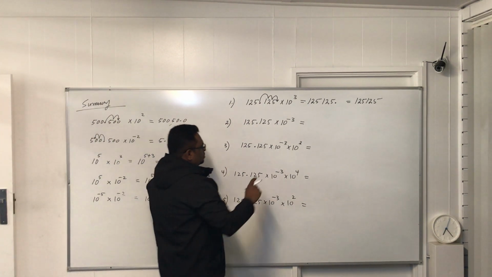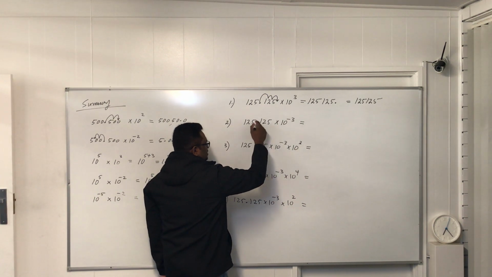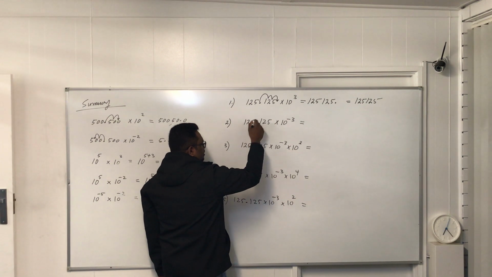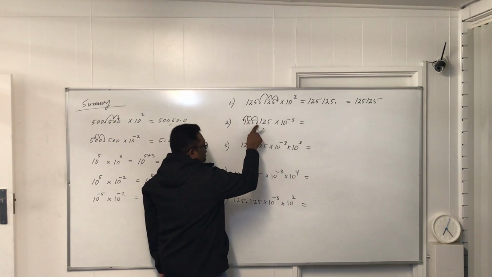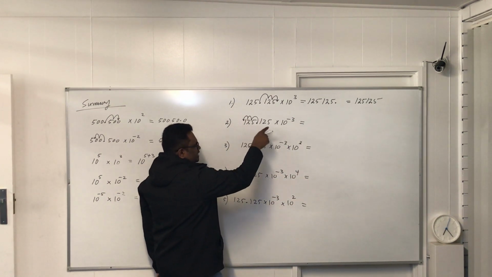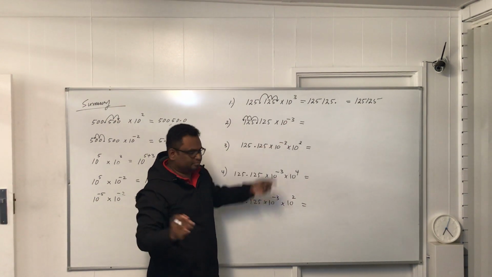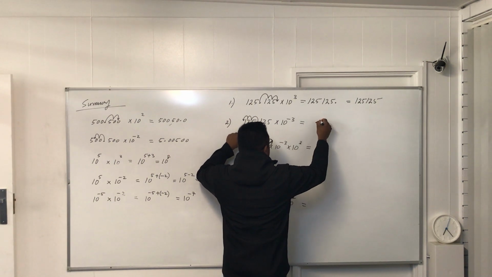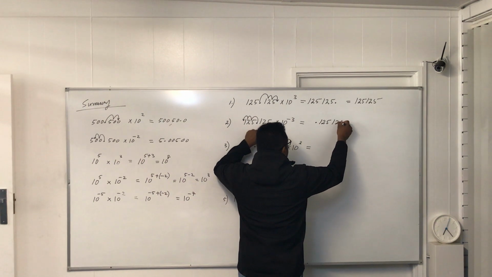Next one. What is happening here? 10 to the power minus 3. What is going to happen to this decimal point? Going to the left. How many? 3 times, 1, 2, 3 times. So when you are moving this dot to this point, what is happening to this 10 to the power minus 3? It disappears, right? Now it would be dot 125.